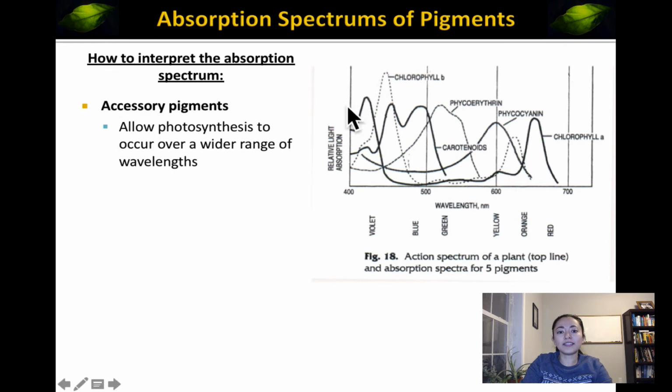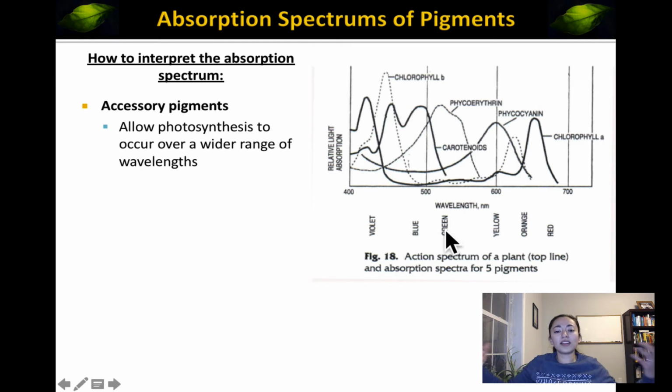Accessory pigments, as I stated before, allow photosynthesis to happen over a wider range of wavelengths. If chlorophyll A was the only pigment in a plant, then no photosynthesis would be happening over this range here, because notice how very little light is being absorbed. However, with all these accessory pigments available, you can see there are many peaks within that range.